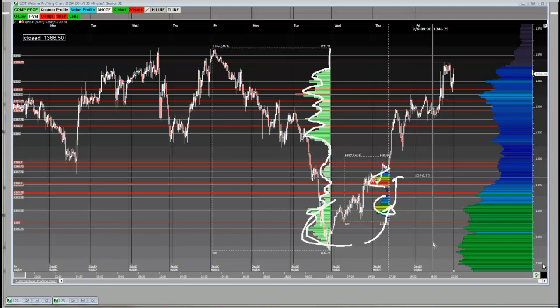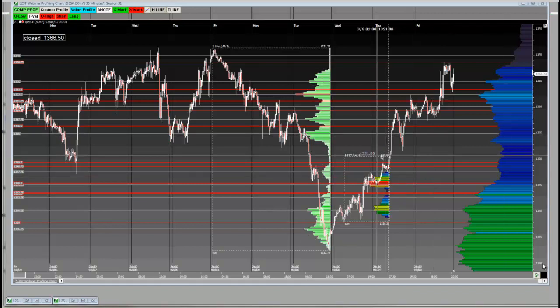So look at the volume distributions to define acceptance, and always remember price is just the advertising mechanism. So price should be confirmed with volume distribution. If it's not confirmed with volume distribution, it probably won't stay up there for too long. It will come back to where it just come from. Does that make sense, everyone?